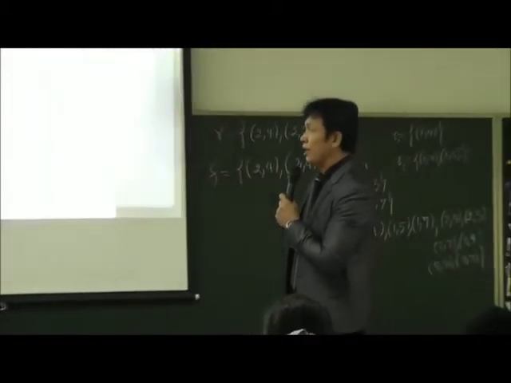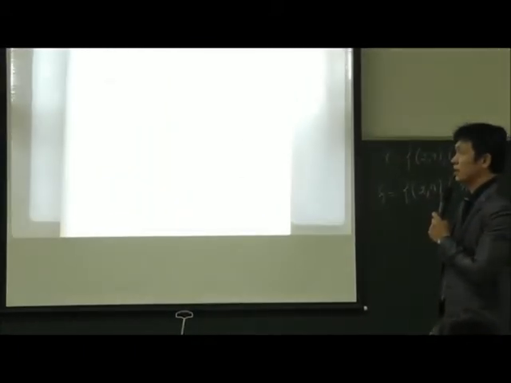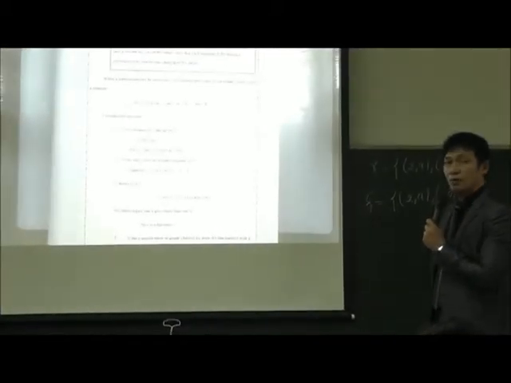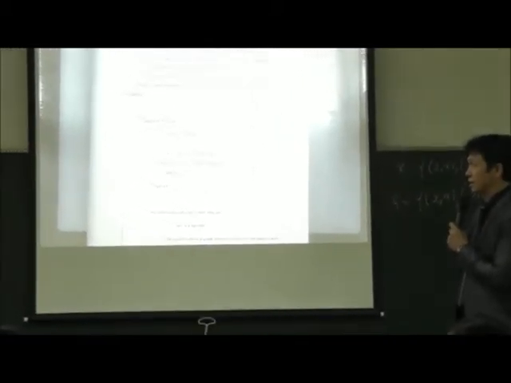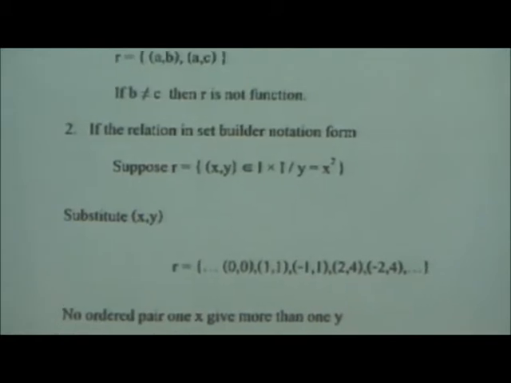And second, if the relation is in set-builder notation, suppose the set of (x, y) such that y is x squared, how can we check whether this relation is a function?